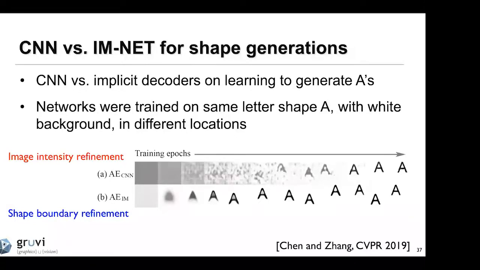On top, you see the CNN-based decoder converging to generating an A, and at the bottom, I have IM-NET, which also tries to learn to generate an A. Now, you can see the contrast here is that the CNN-based decoder does this image intensity refinement, right? And clearly, at the bottom, it's doing something different. It's doing shape boundary refinement.